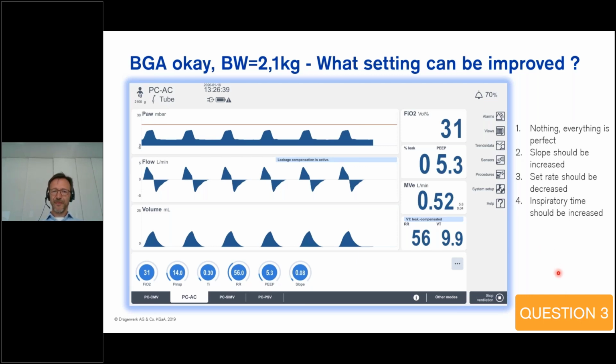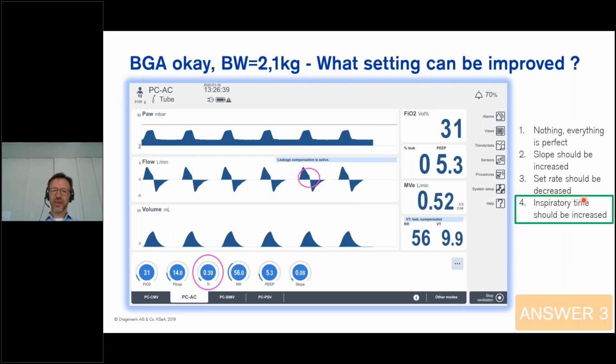I give you a little bit more time, and now we start the voting. If we look here at the screenshot, if you look at the flow curve, you see that the inspiratory flow is not really slowly decelerating to the 0 line.